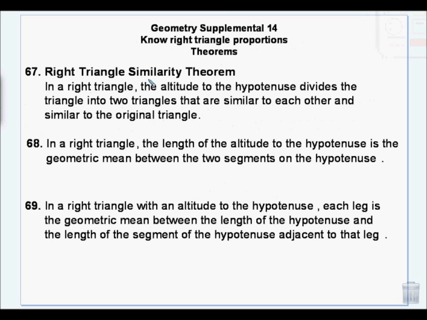The right triangle similarity theorem said that in a right triangle, the altitude divides the triangle into 2 triangles that are similar to each other and similar to the other triangle. And we've already used that.